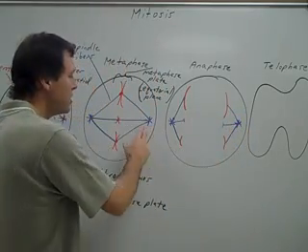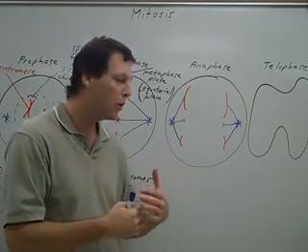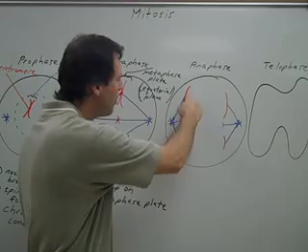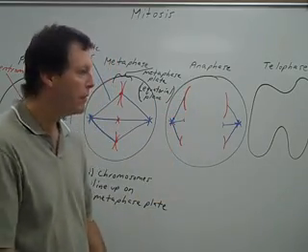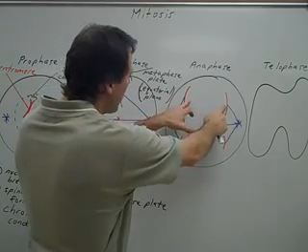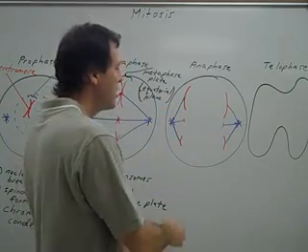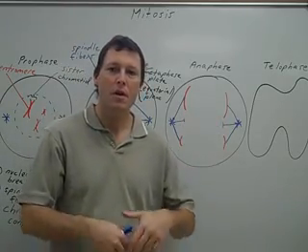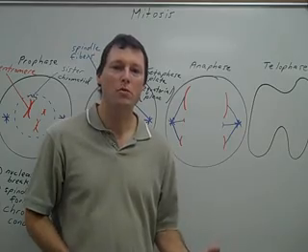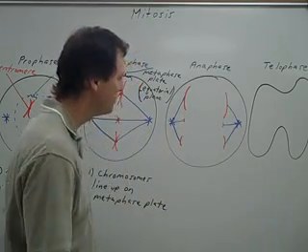What's going to happen here is these spindle fibers are going to begin to shorten. And as they get shorter, they're going to pull the chromosomes to opposite sides of the cell. Now you can see that these two are no longer attached by a centromere. And because of that, these are no longer going to be considered sister chromatids. They're their own official chromosomes at this point. So this would be a chromosome, and that would be a chromosome.